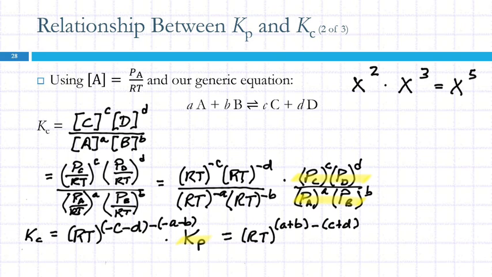If I multiply these, I get positives, and then I'm going to pull the negative out of this. So we've got this.